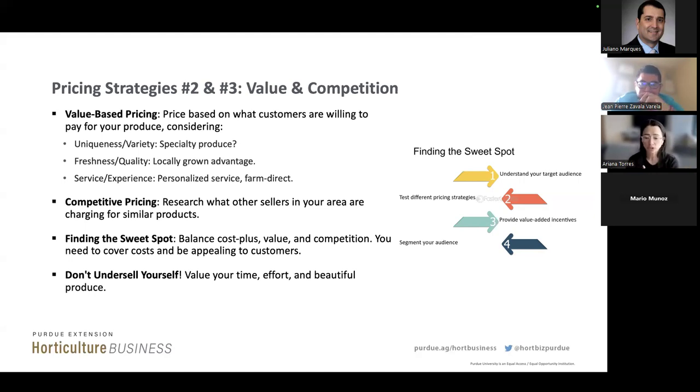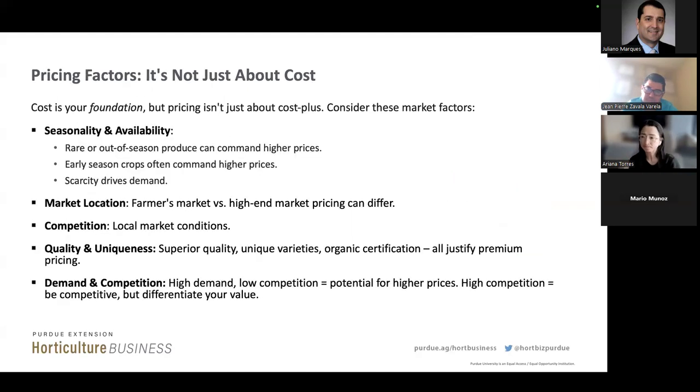If you have specialty varieties, if they're super fresh, the quality is superior, if you're having personalized service, your customers are going to value that more. And you're going to be able to go between the bottom threshold, which is the break even price, and the upper threshold, which is the consumer's value. And that's where you have this triangle. You've got to fluctuate. Depending on the market, you may go here or here. And that's where you want to understand your market pricing.